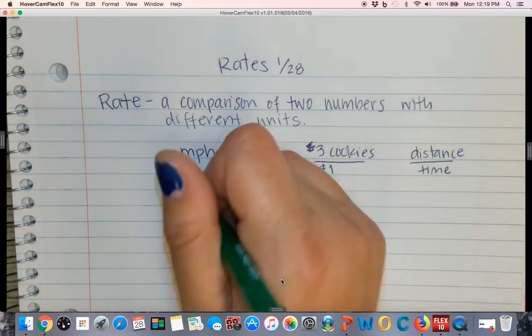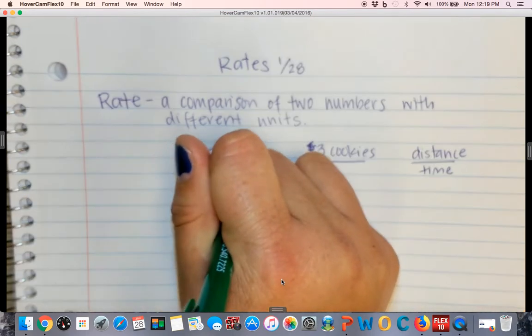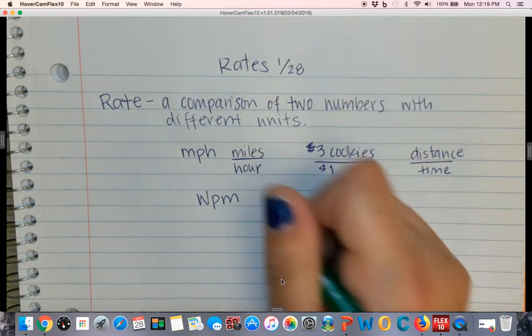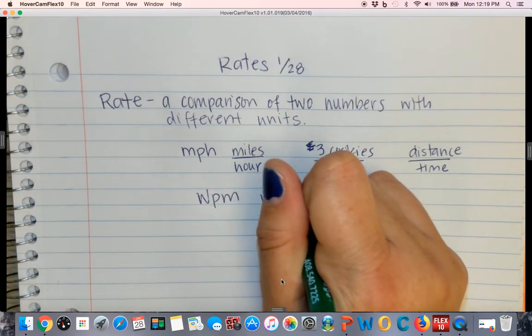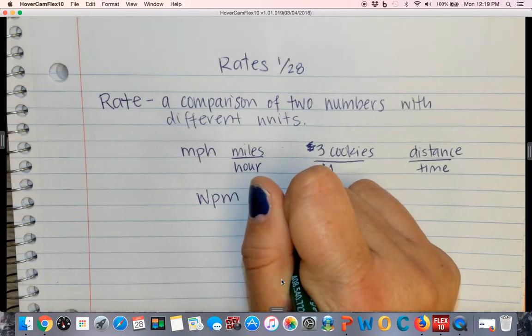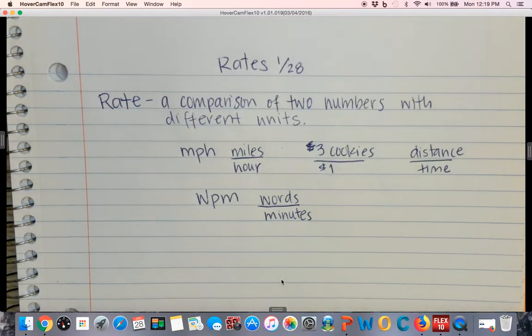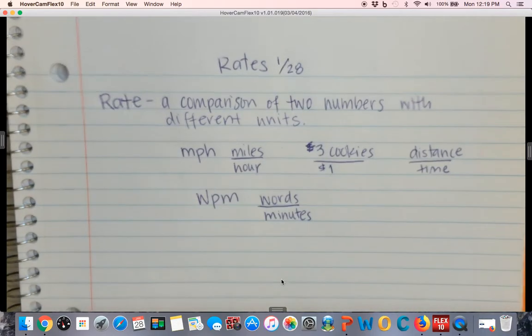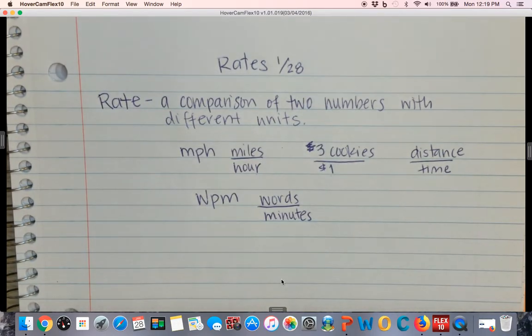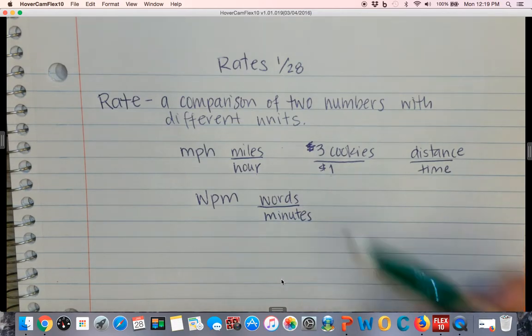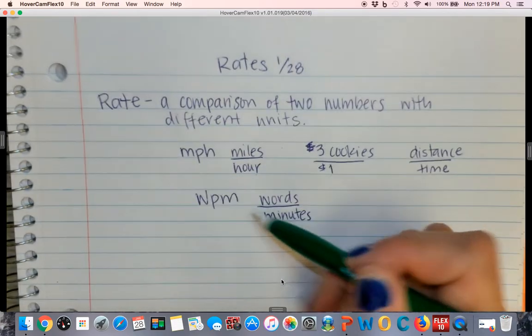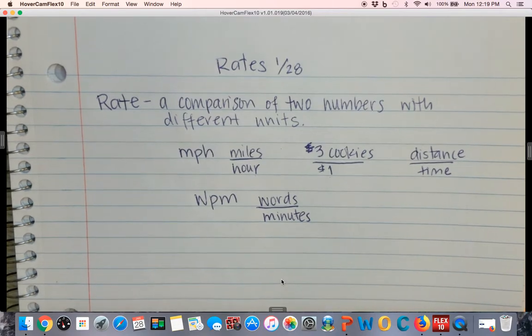You might have heard of words per minute, those of you who play Nitro Type. How many words in how many minutes? So rates are just comparing two numbers with two different units.